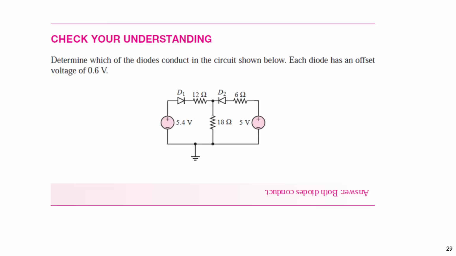Okay, now if we have more than one diode in the circuit, how do we analyze this type of circuit? If the diodes also have the offset voltage of 0.6 and 0.6, we substitute this circuit by offset diodes.